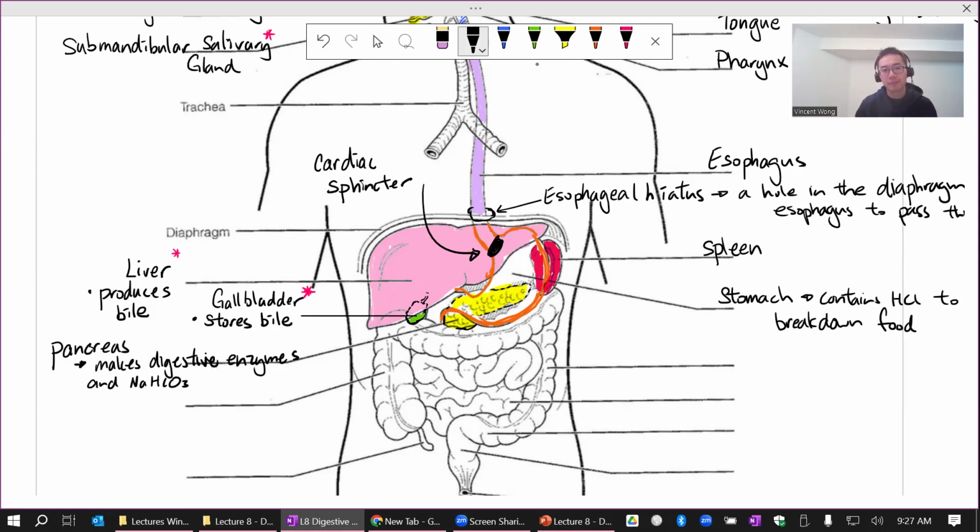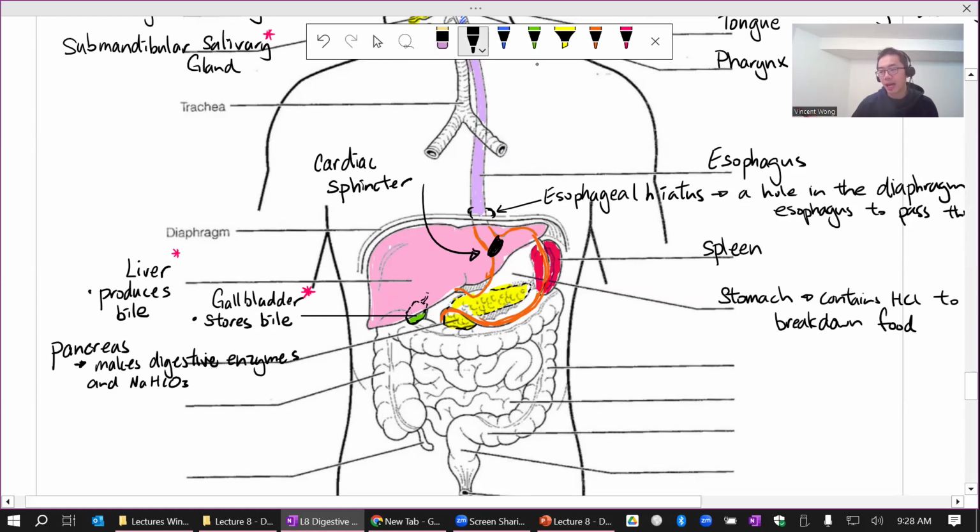It's not going to come back up. But some people have a loose cardiac sphincter. Certain food is going to make it a little bit loose, makes it relax. And the acid content is going to come back up and burn the esophagus a little bit.